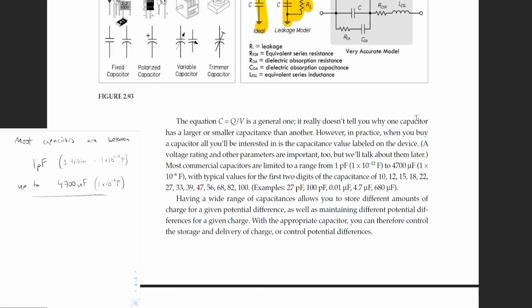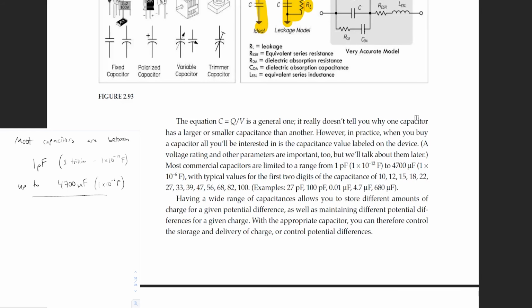Yes, having a wide range of capacitors allows you to store a different amount of charge, because I suppose you're not storing voltage, you're storing charge, right? Yes, for a given voltage. As well as maintaining different voltages for a given charge. Okay, I don't get that.